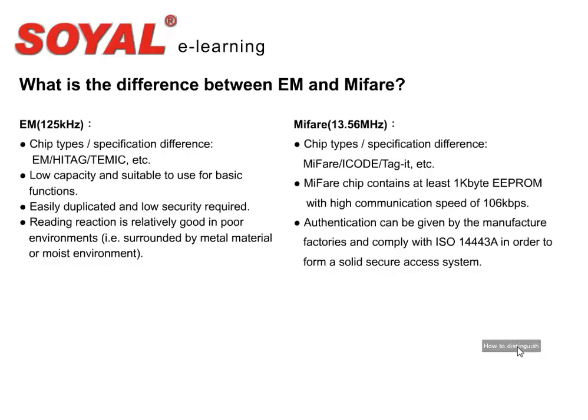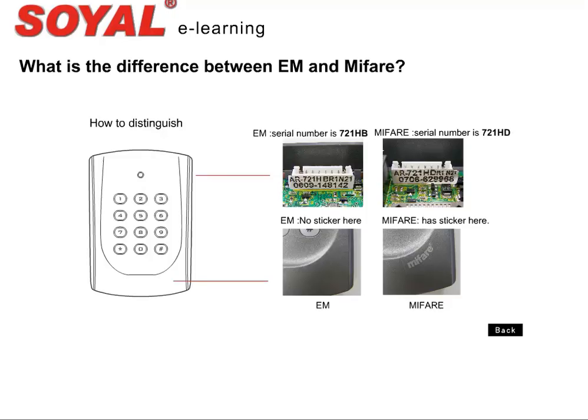And here, we could see how to distinguish the frequency of our AR721H controller. There are stickers on the PCB board of each controller. If the controller name on the sticker is 721HB, B means EM frequency, and you will not see any words on the front cover of AR721H.